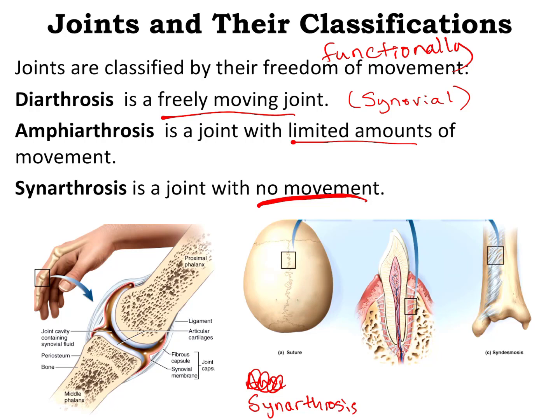This is the joint between the alveolar process here and the tooth, which is actually not a bone. It doesn't contain bone. It's covered in enamel, so it looks white, but it isn't bone itself.